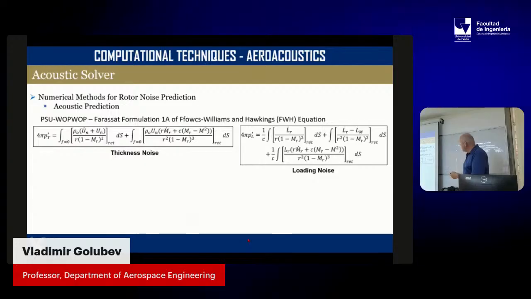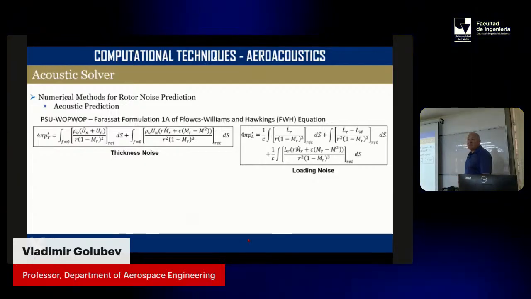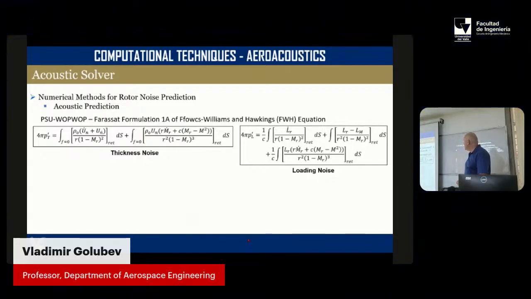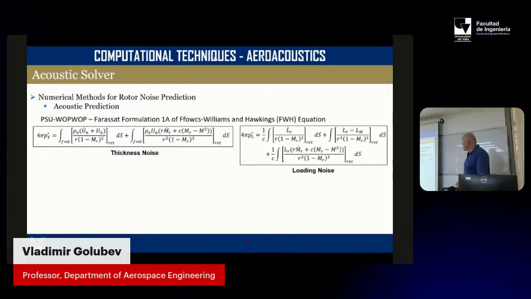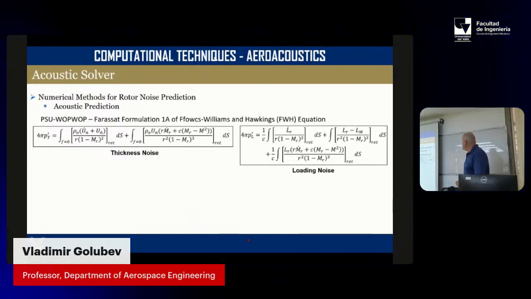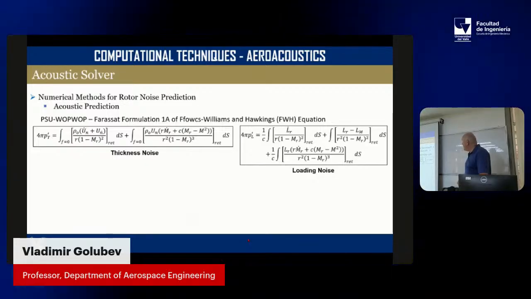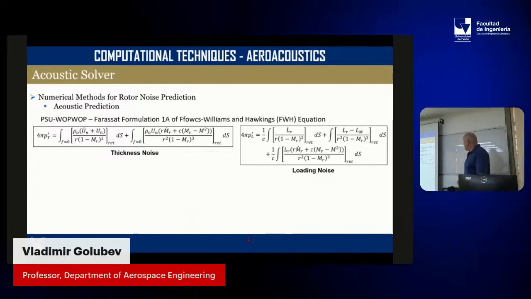Anyway, you have to solve these equations, and that's Farassat. Farassat was the chief scientist at NASA in the 80s, 90s, something like that, and he developed the formulation of how to solve this equation efficiently. Then there was a guy who worked with him, Brentner. He developed a very efficient code called WOPWOP.